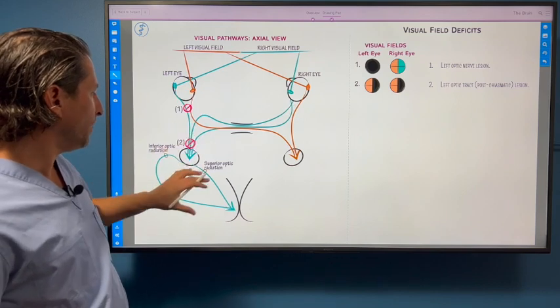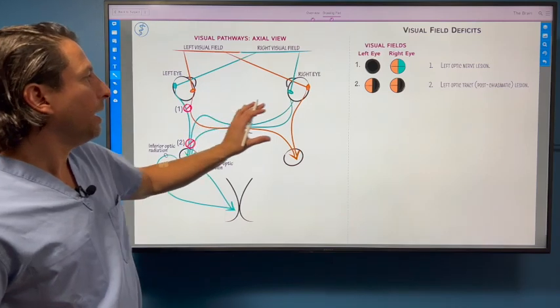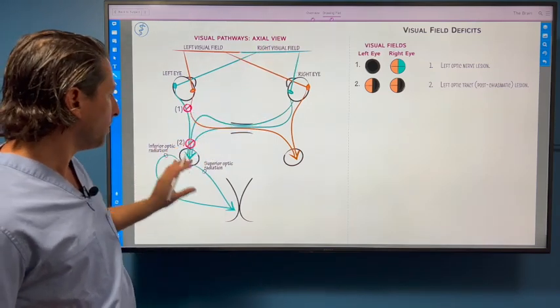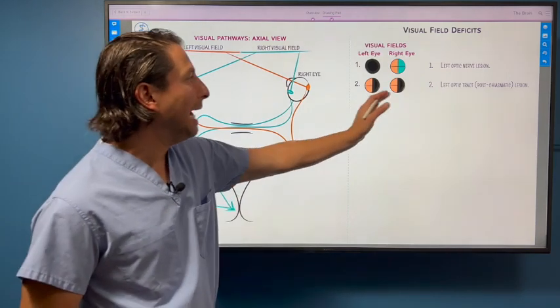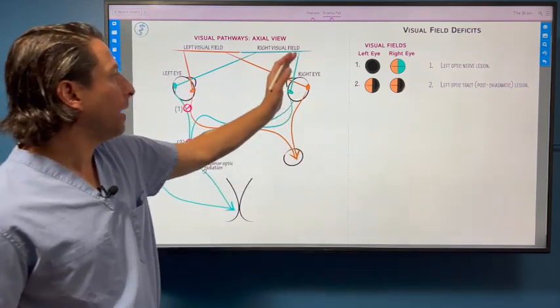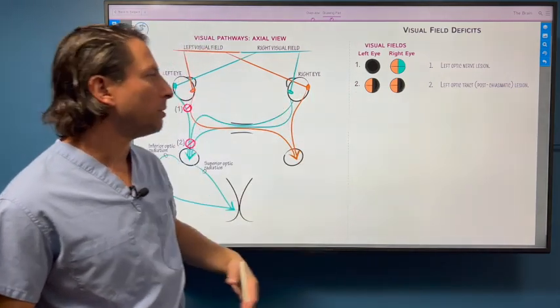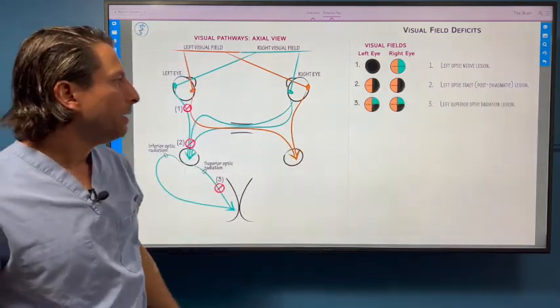Well, this visual field is completely removed here. So in this instance, the right visual field is no longer being passed to the visual cortex. So there's going to be a hemianopia, in this case a right-sided hemianopia, so the person is only able to see the left side of the world.